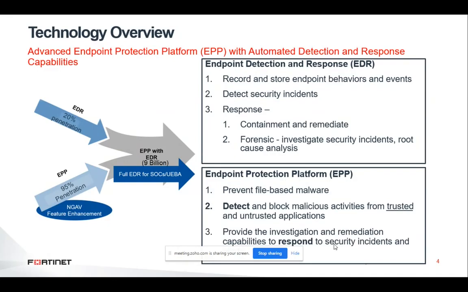The response tends to focus on containing, remediating, and forensically investigating the root cause. Customers need the preventive features of endpoint protection to keep endpoints safe, with the forensic playbook capability of an EDR to determine what exactly happened after an incident.